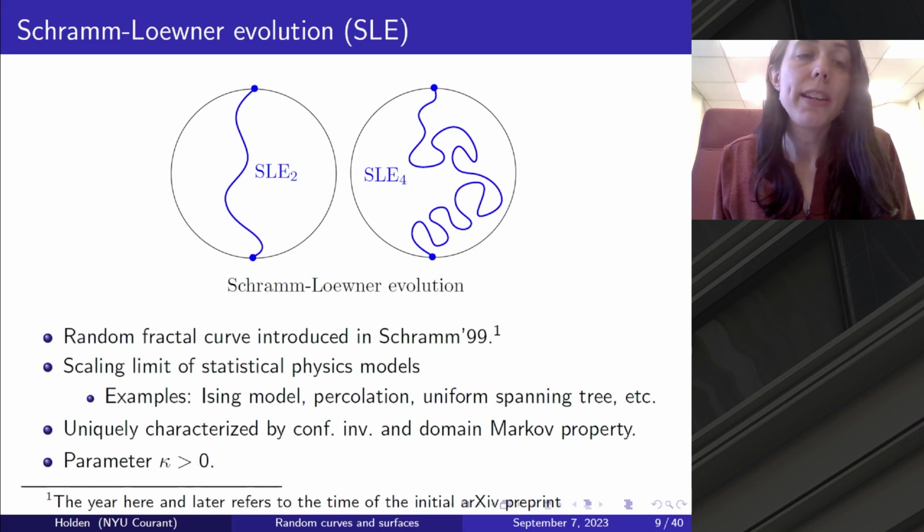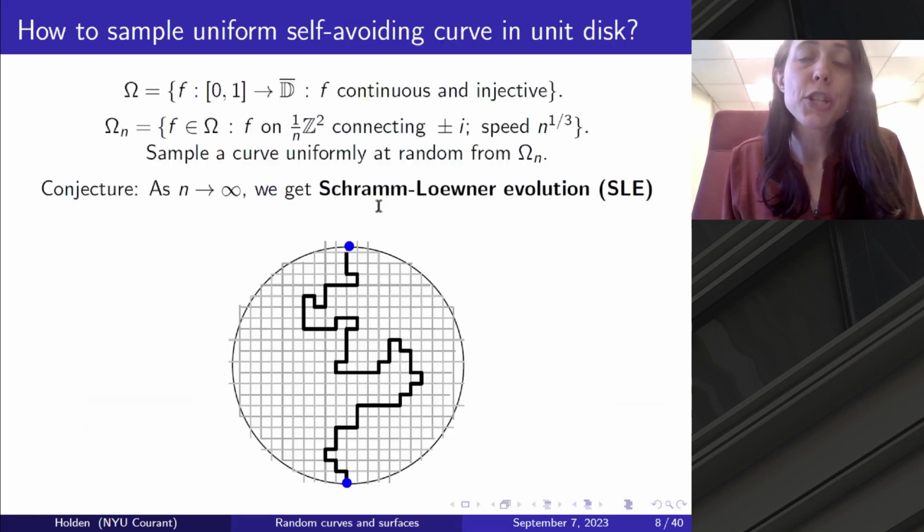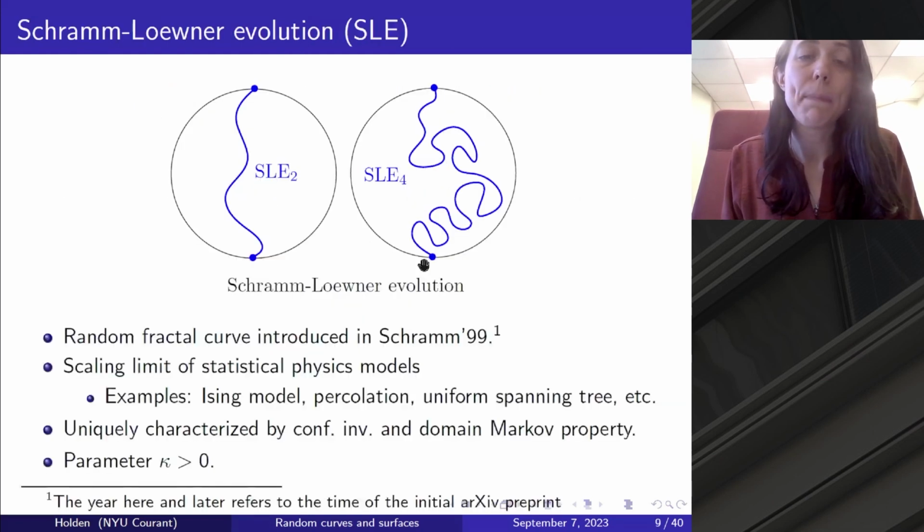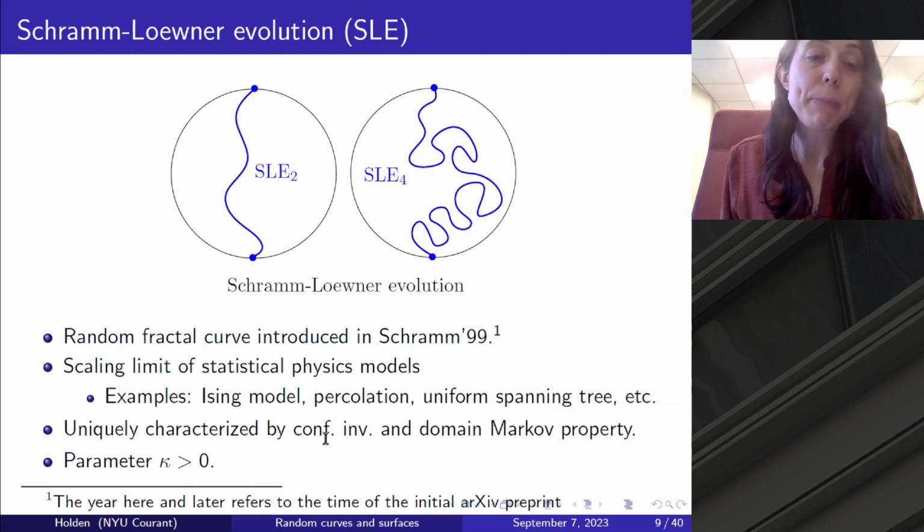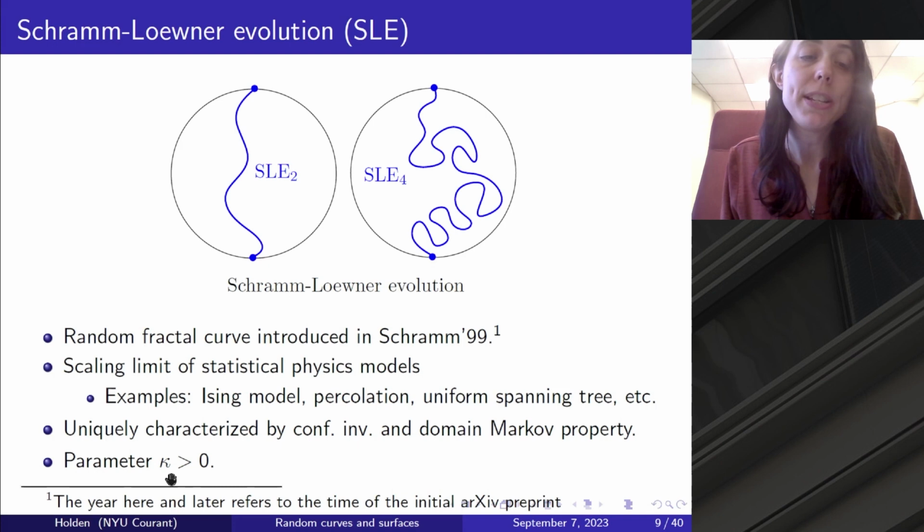After Schramm's introduction of SLE, it was proven that these SLEs do describe the asymptotic behavior of many discrete models. So the convergence result on this slide is only conjectural, but for these other models mentioned on this slide, the convergence has been proven rigorously. So the SLE, as mentioned, is a one-parameter family of curves satisfying these two properties, and the parameter is denoted by kappa.